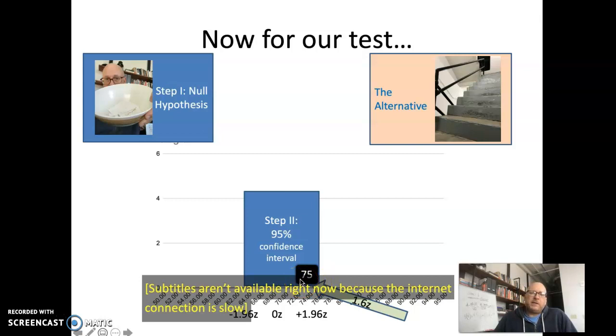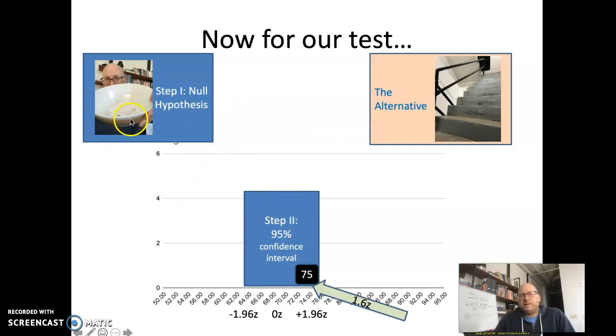Now, even though I saw it coming from the stairs, that actually looks very much like what I would expect if it came straight from the bowl. So it leads me to believe that we must fail to reject the null hypothesis. This is not really that different, and it's not unusual. Now, it could be, in that case, that stair climbing is no different than sitting in class.